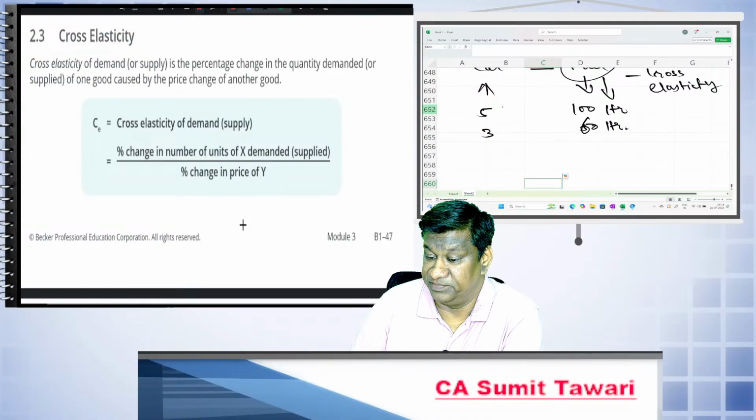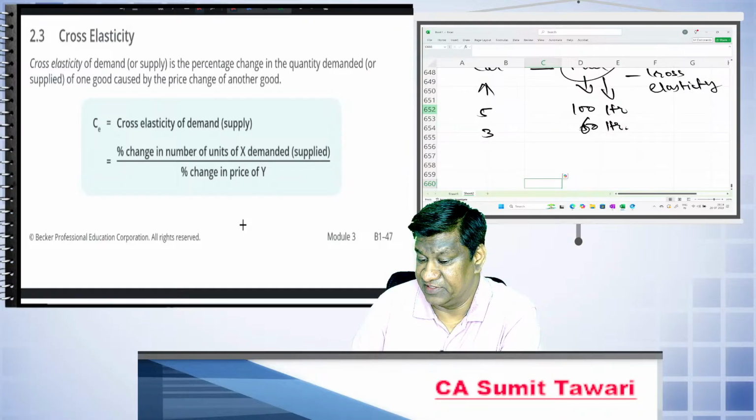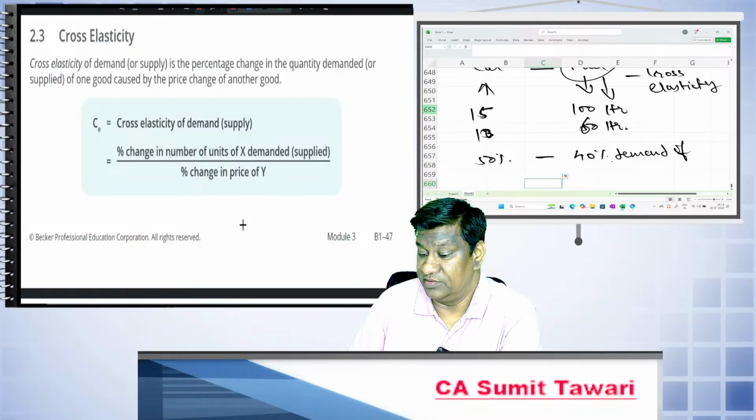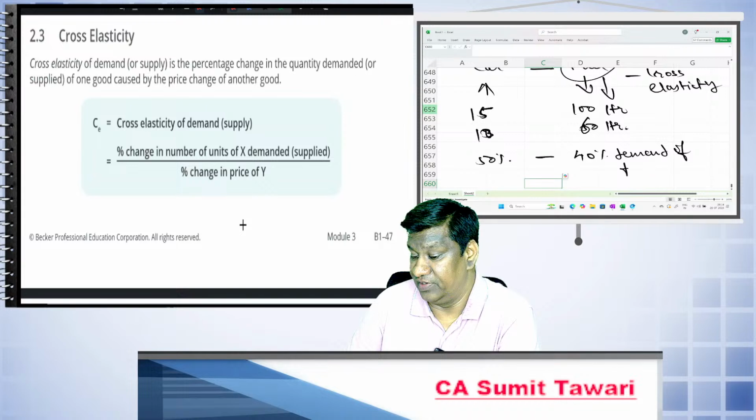Because of changes in the price of the car, if I consider 15 lakh and 10 lakh, a 50% increase in prices affects a 40% decrease in demand of the fuel.